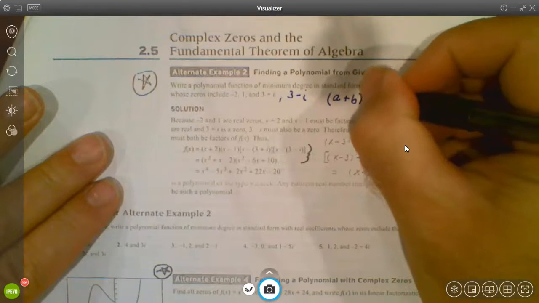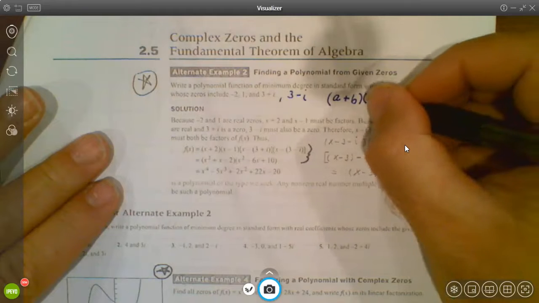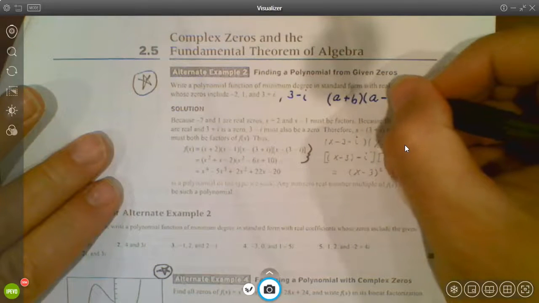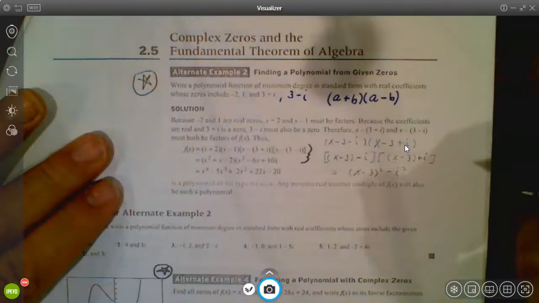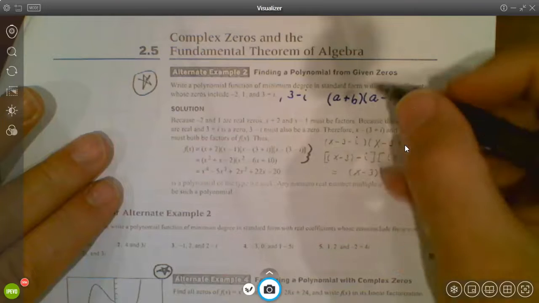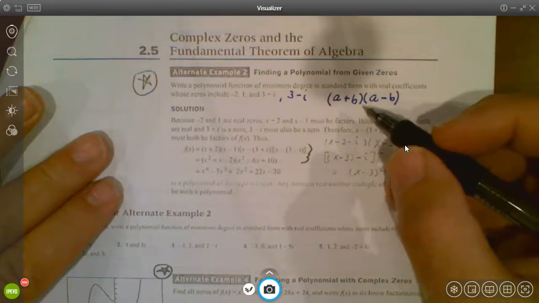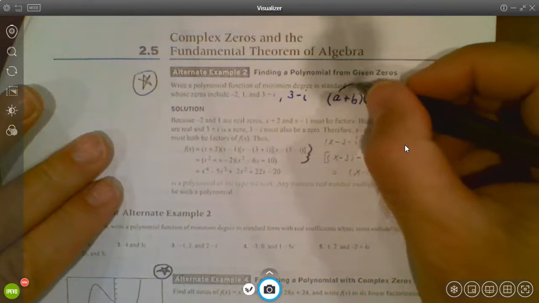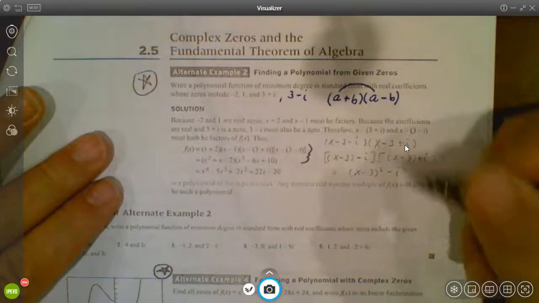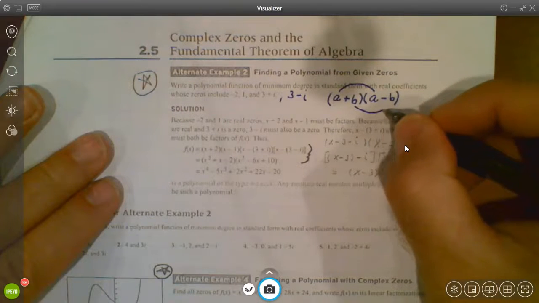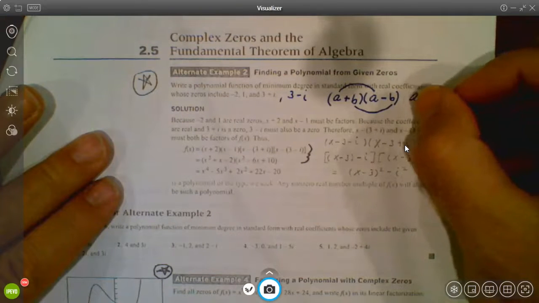Remember, conjugates mean you have the same factor, but one's positive and one's negative. Right? When you have conjugates, the idea was the middle terms will always cancel. So I really only have to do the first ones, a squared, and the last ones, negative b squared.